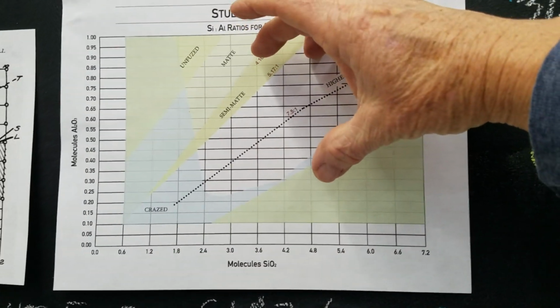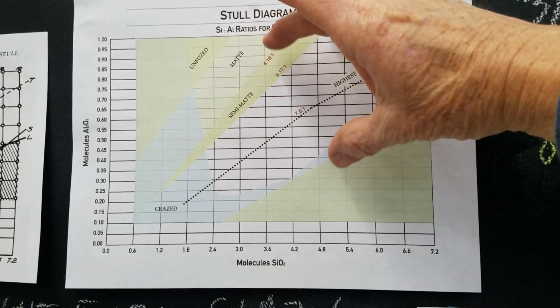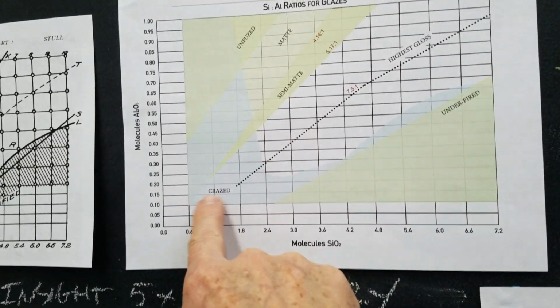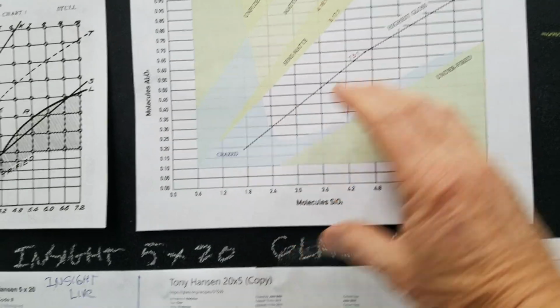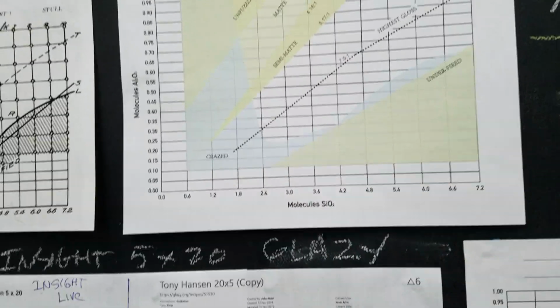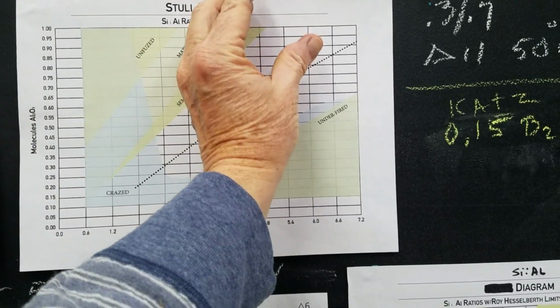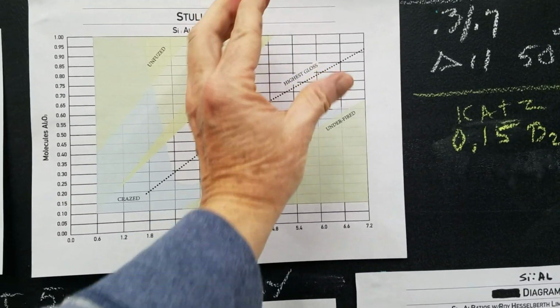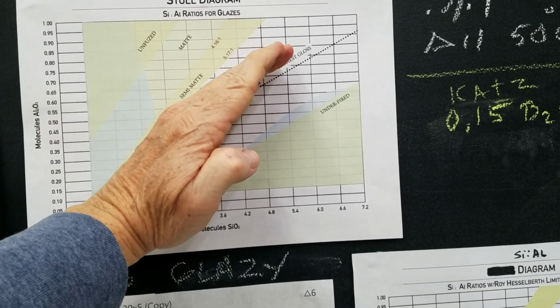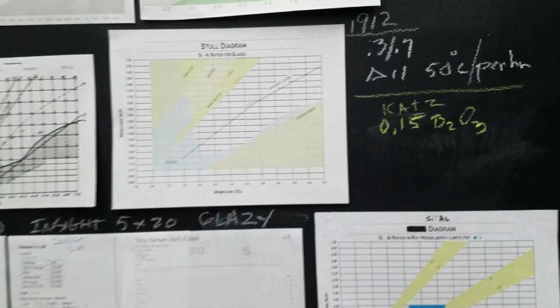So when you're doing this, be flexible in your thinking, erase that word crazed, or know that maybe this crazed line is going to move up here, or the matte line may move here.